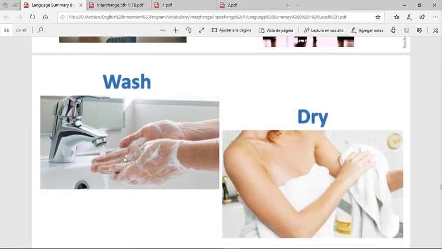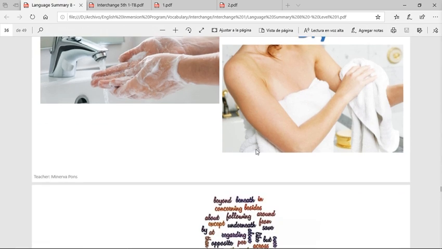To wash, okay? To wash your hands, what you should be doing right now, every day, every now and then. Remember, wash your hands. To dry, first you wash, with water and soap and water again, and then dry when you still have water on your skin, and then you use a towel or something to dry. Okay.